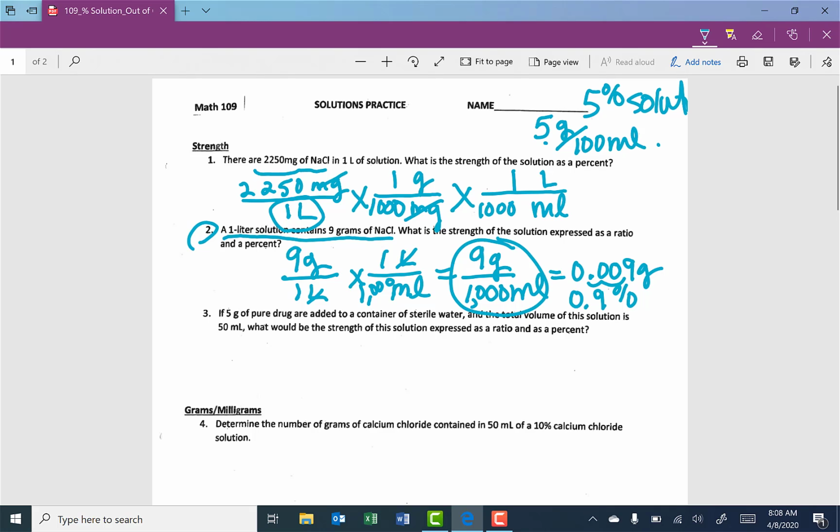Now your liters cancel, and notice what units we're left with. Gram over milliliter, and that's what we need for percent solution. So let's multiply across. 2,250 times 1 is 2,250 grams over 1 times 1,000 times 1,000, which gives you 1,000,000 milliliters.